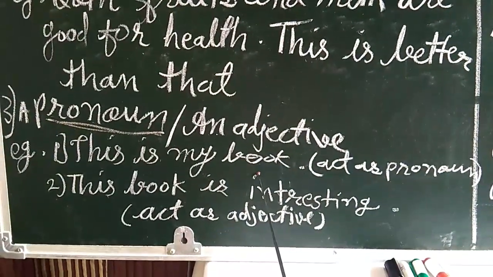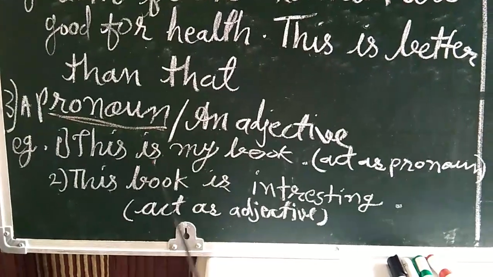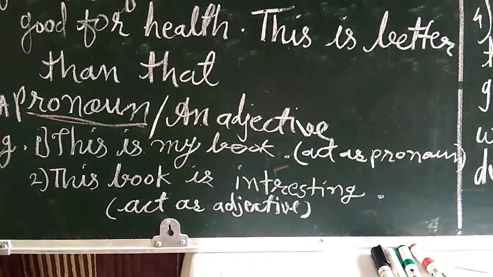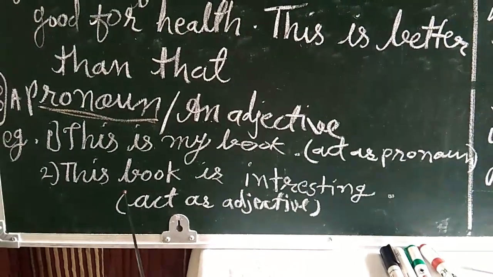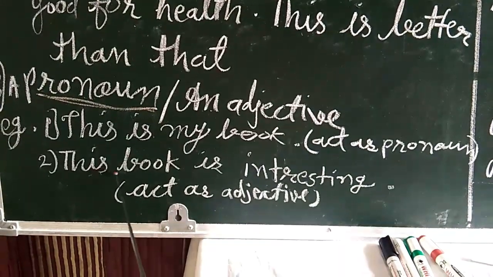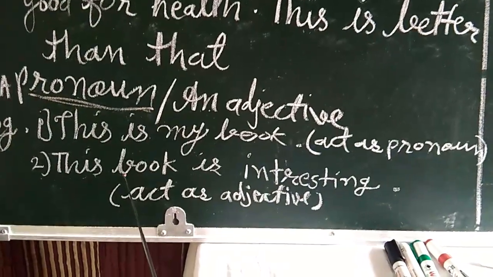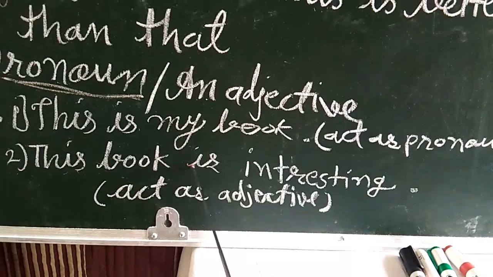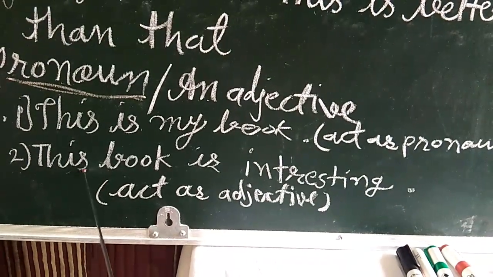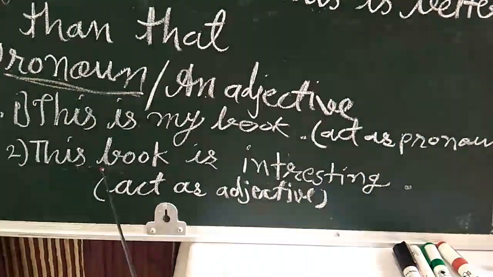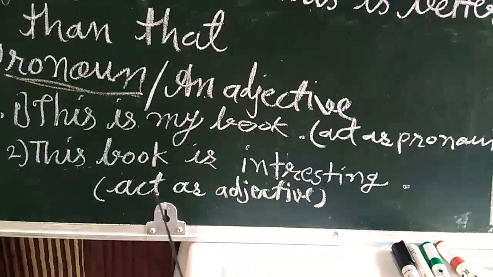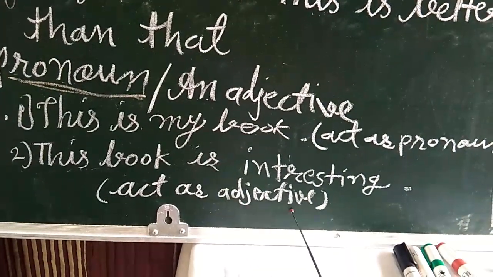So, this is acting like a pronoun. This book is interesting. Now, if you look at this sentence closely, after this we have a noun. So the demonstrative is coming before a noun, so it acts as an adjective.